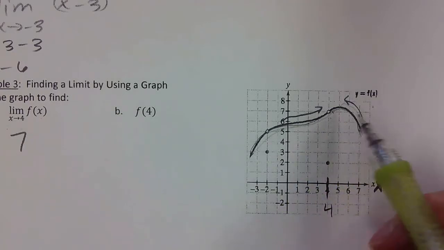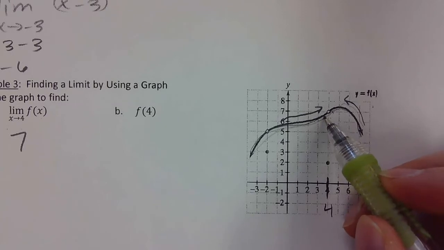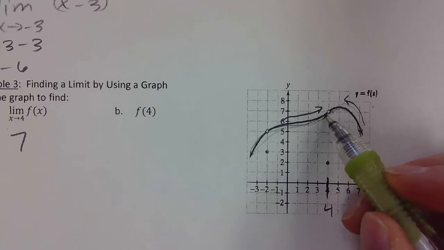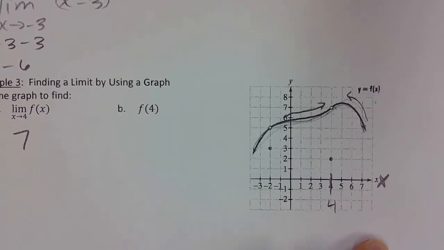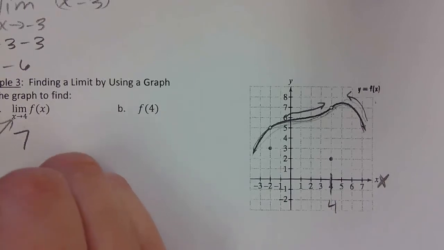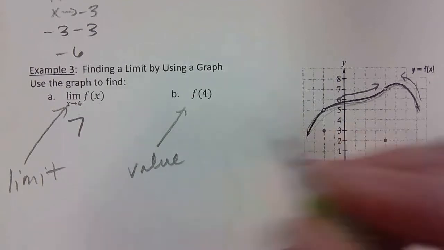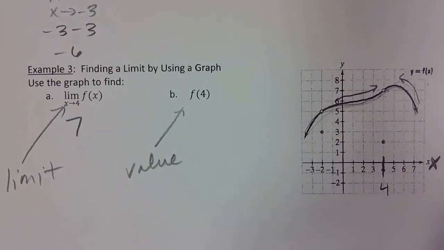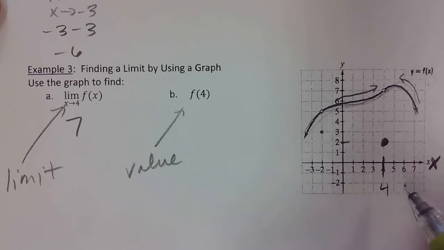Just based on, as I'm getting closer and closer to x is 4, this is increasing, right? It's going to be like 6.9, 6.99. So 7 would be that next number that makes sense. So the limit does not necessarily have to equal the value. So this is the limit. And then when I'm looking at f of 4, I'm really looking at a value. When I'm actually finding f of 4, I have this point over here that's solid and filled in that shows me when x is 4, my y is 2.